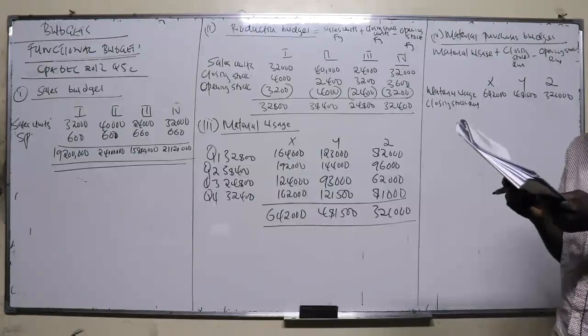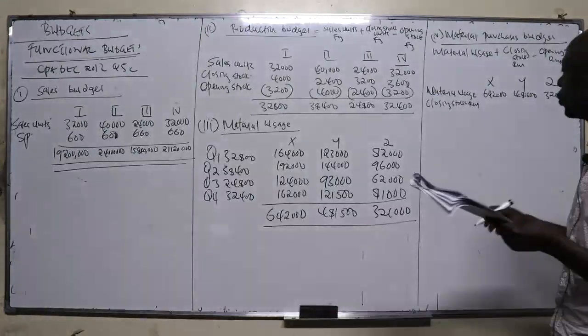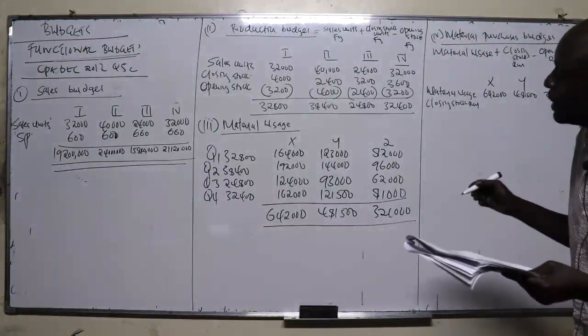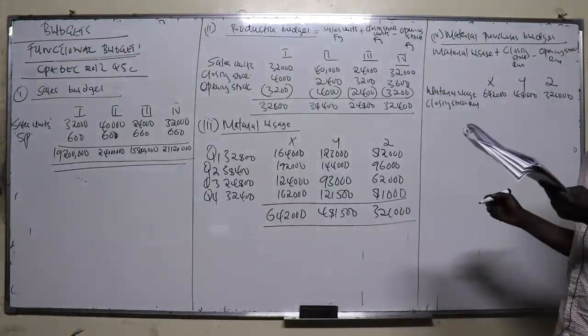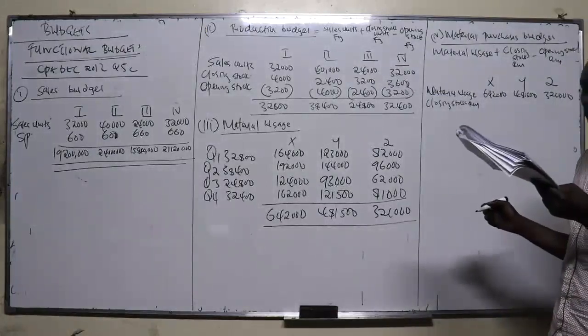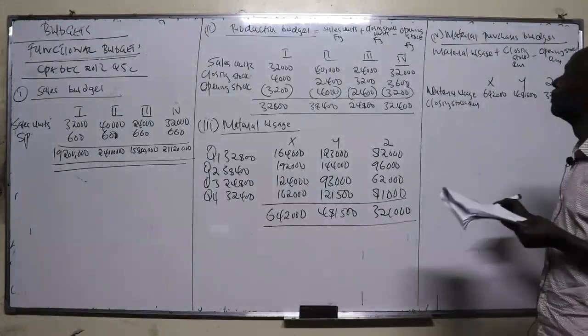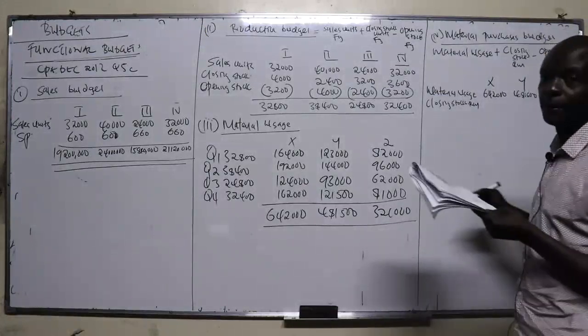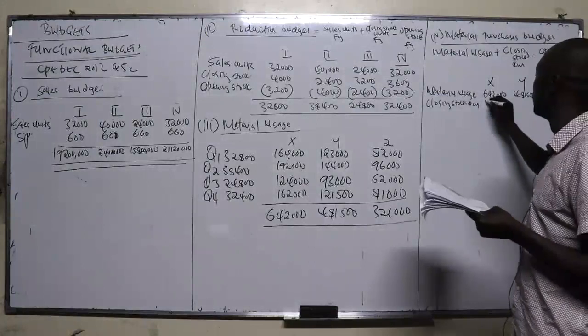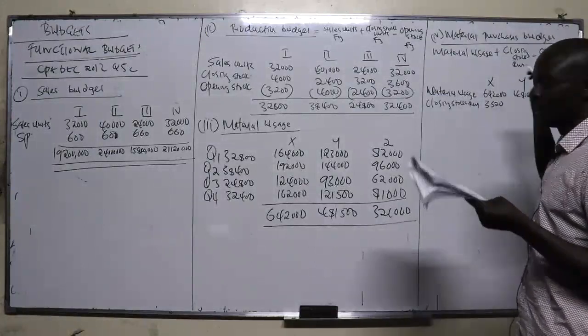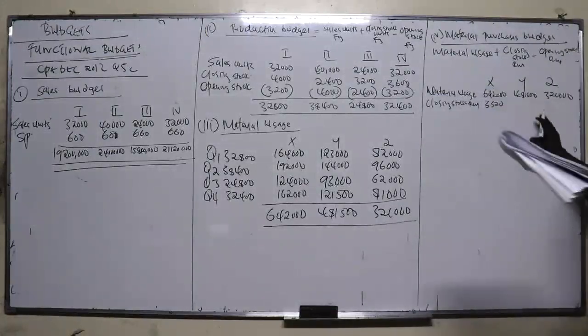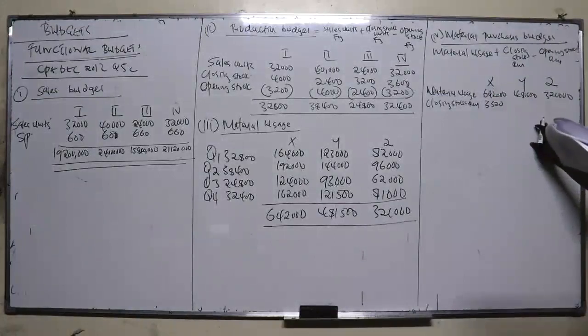So the closing stock should be higher by 10%. So it will be how much? 10%, 1.1 times 3,200, 3,520. So the closing stock should be higher than the opening stock by 10%.